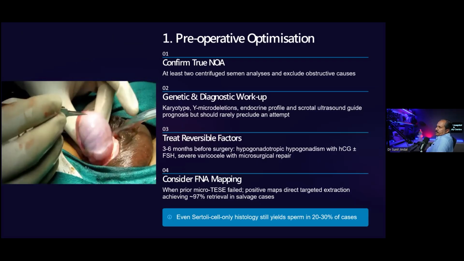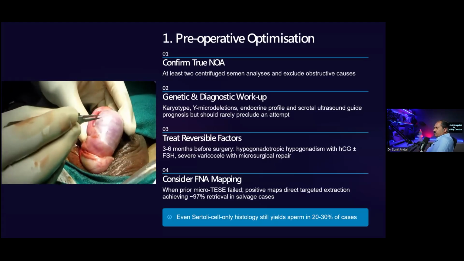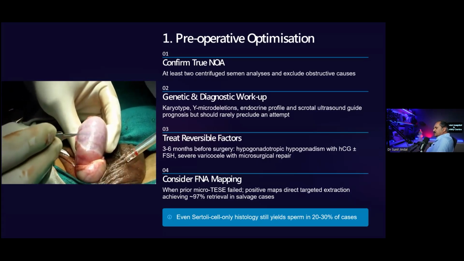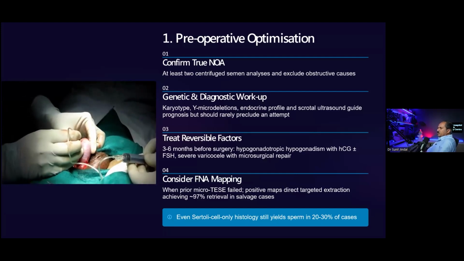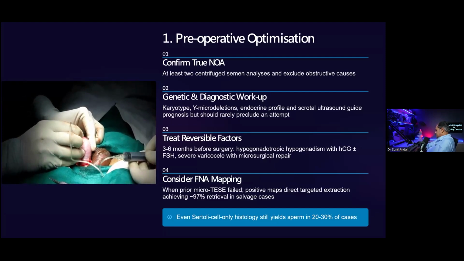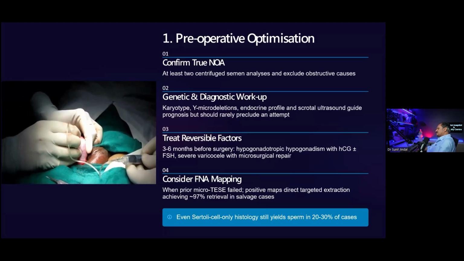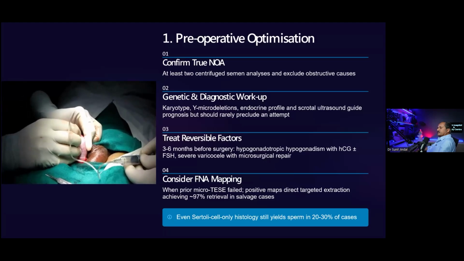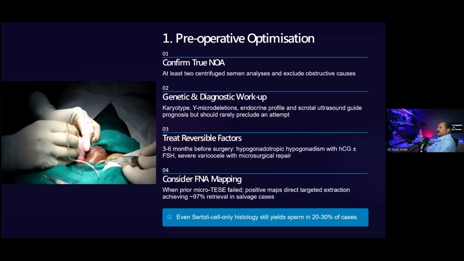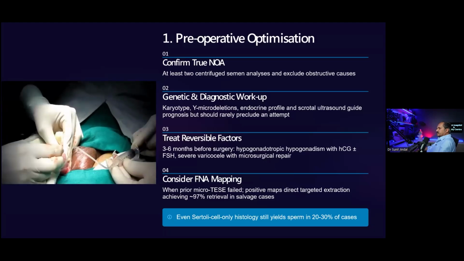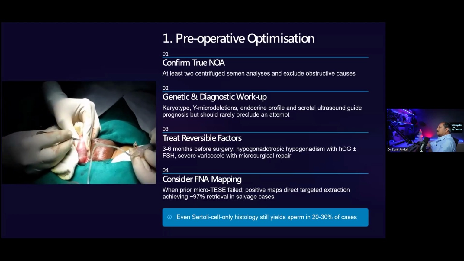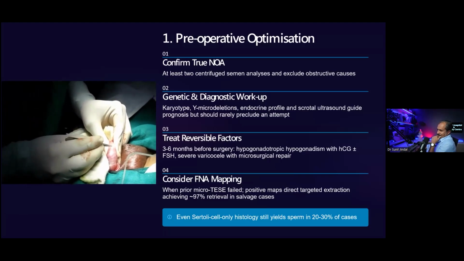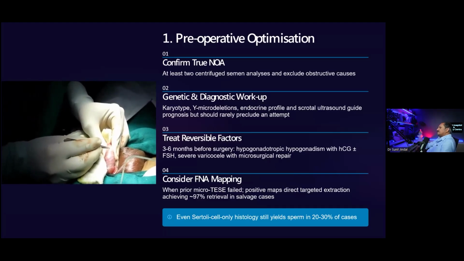Now I'm going to talk to you about FNA mapping. This is very interesting because what you do over here is, in the testes, 8 points above and 8 points below, you put in a thick needle, 16 gauge, give pressure with a 20 or 10 ml syringe, and pull it out. When you pull it out, a tubule comes out. You take a microforceps and just start pulling the tubule.